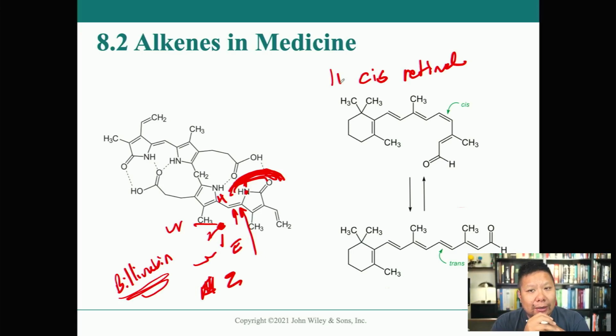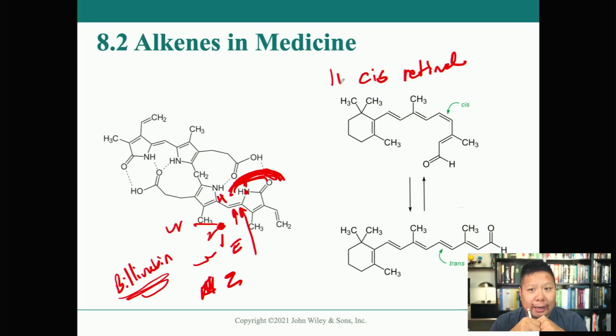And so rods are responsible for you being able to see light, okay? The rods are called rods because the main part of the actual rod cells, right, is a protein called rhodopsin.